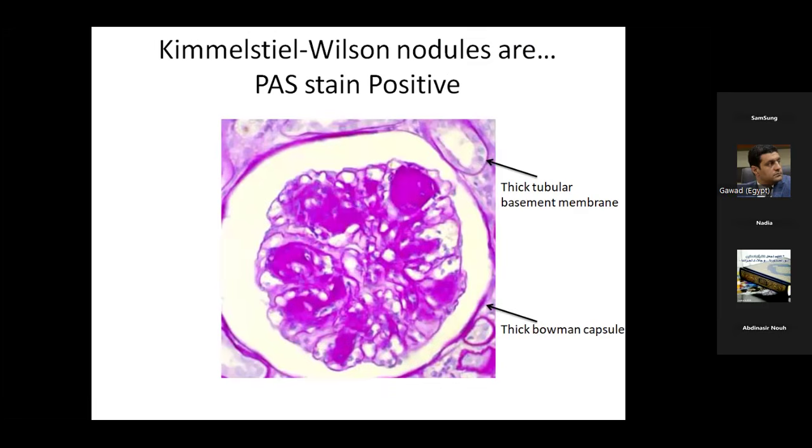It could be non-specific. So you may see some cells here, and this does not exclude this as being mainly an expansion of the matrix, because the mesangial matrix is simply made by mesangial cells, so they may be more or less cellular, but classically speaking, it is a low cellular or hypocellular nodule.